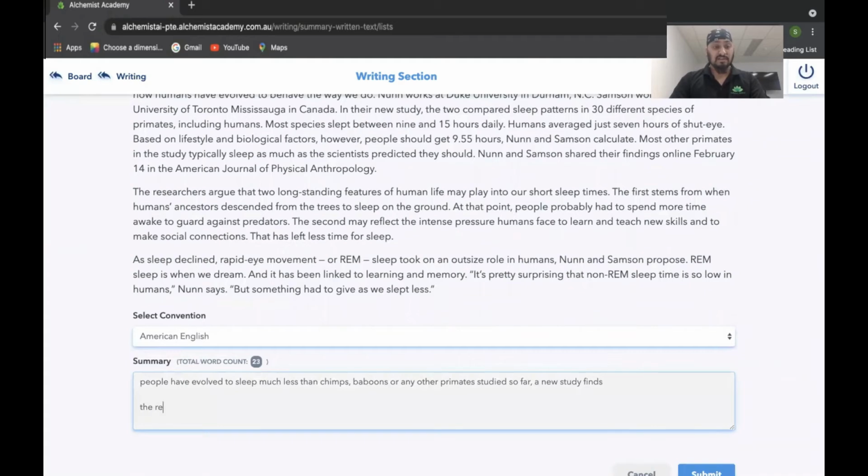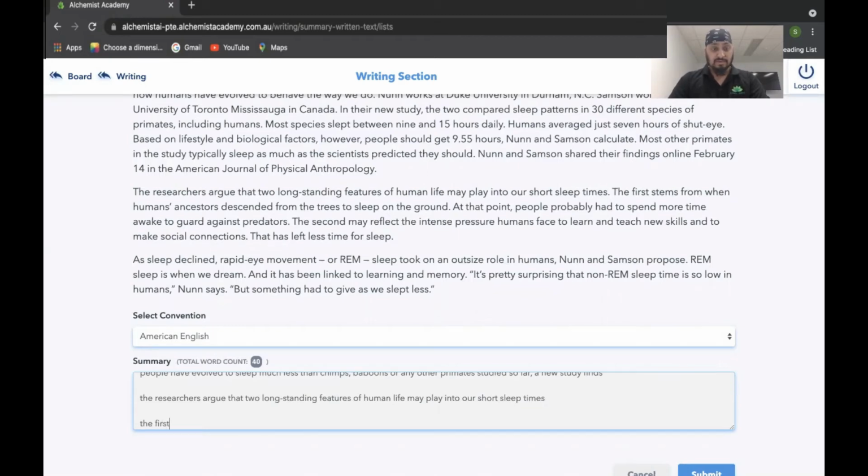If you go to this, I will just start writing the researchers of human life, the first stems from. Okay, you don't need to explain this further.